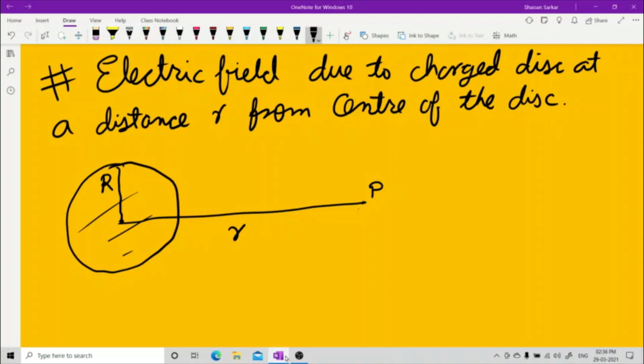Now you consider an elementary portion of the disk. Let the radius of this much portion be rho, and the thickness of this much is d rho.